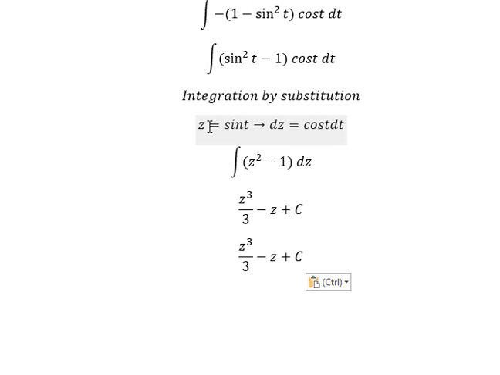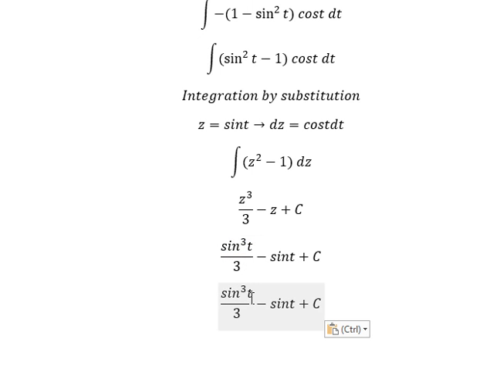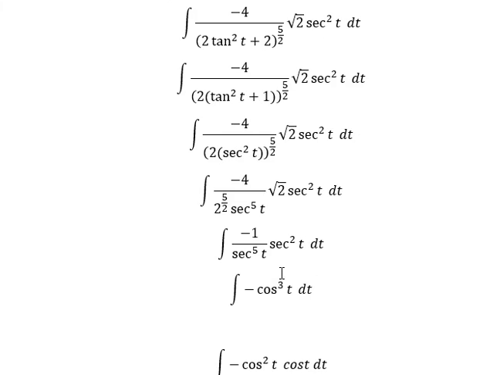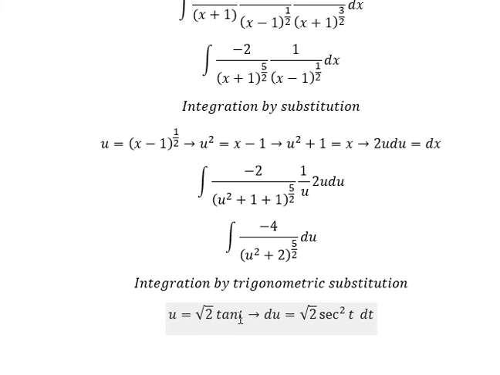So we change z into sine t. About t, that is this one. So we divide both sides by the square root of number 2.